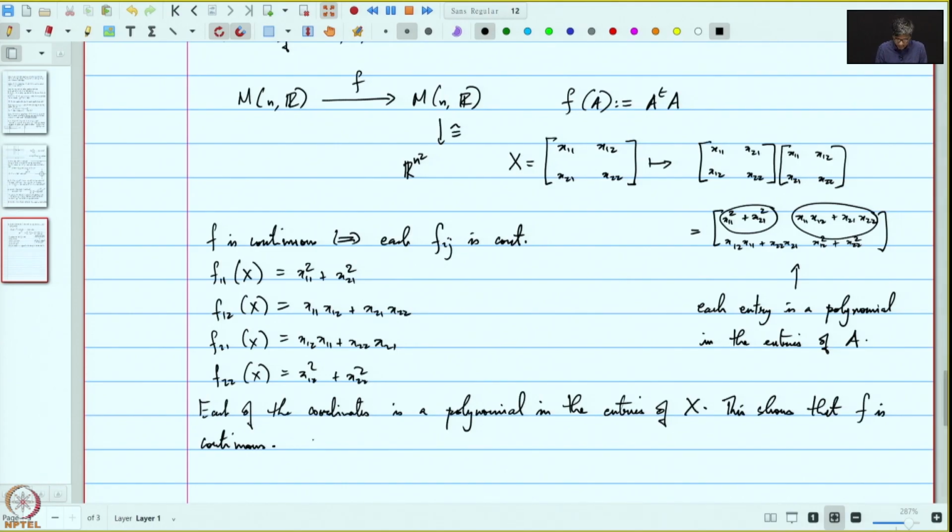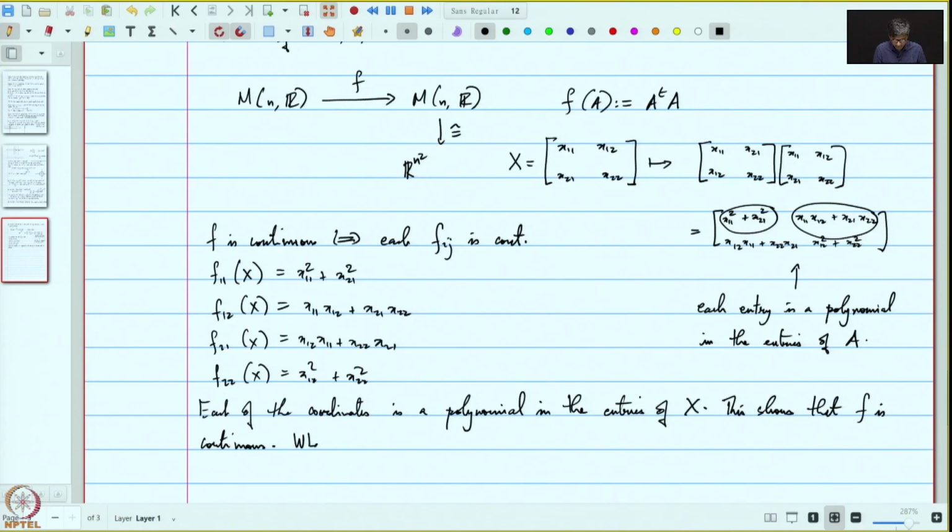Right. And now note that this is for the 2 cross 2 example. So in the n cross n situation, you can write down explicit coordinates for general n, right?